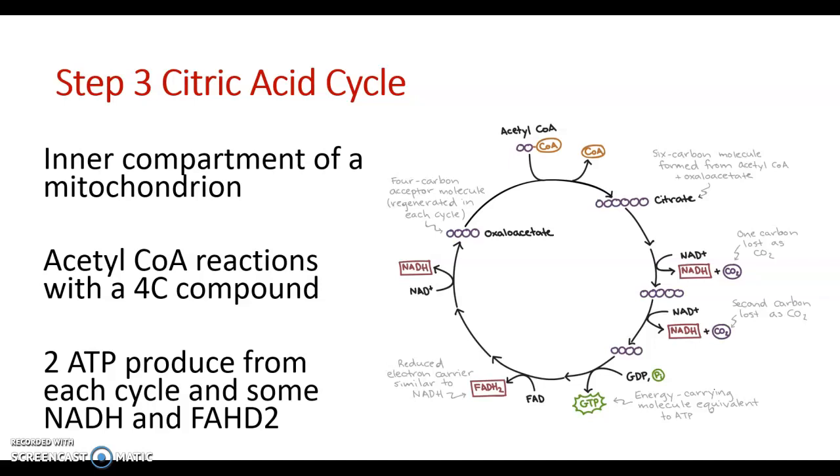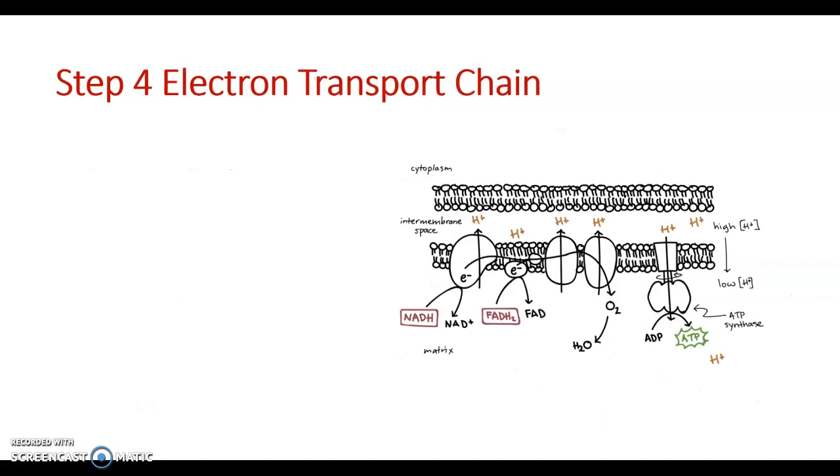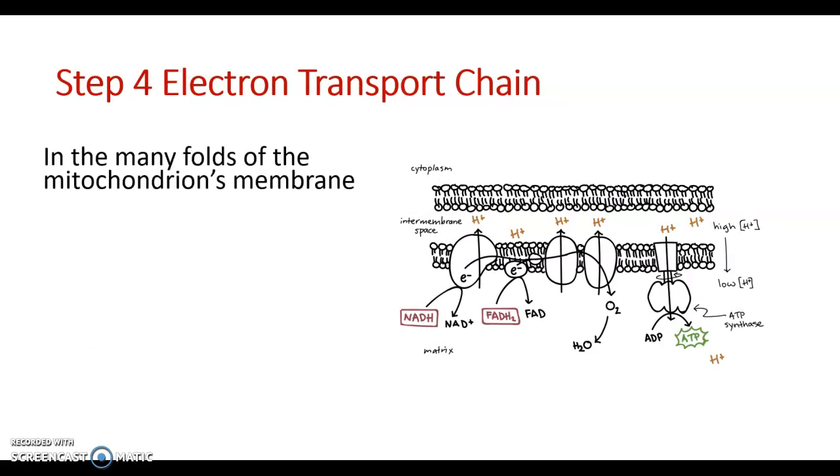So as each of those acetyl-CoA molecules is going through the Krebs cycle, we're building up a concentration of NADH and FADH2. That's important. We're building up the concentration. We're creating a concentration gradient, if you will, which will lead us to the final step, which is the electron transport chain.